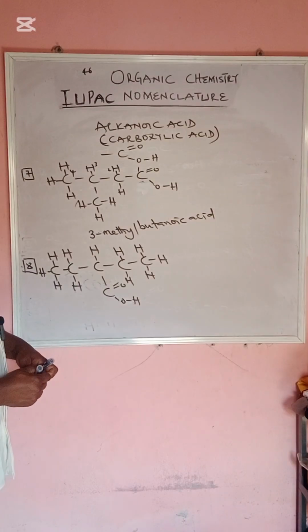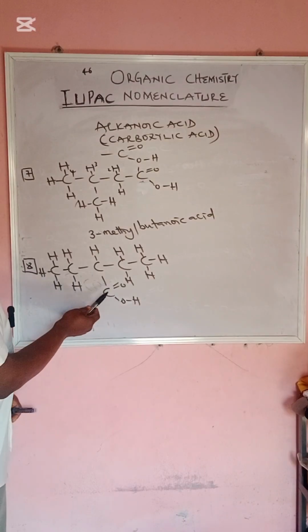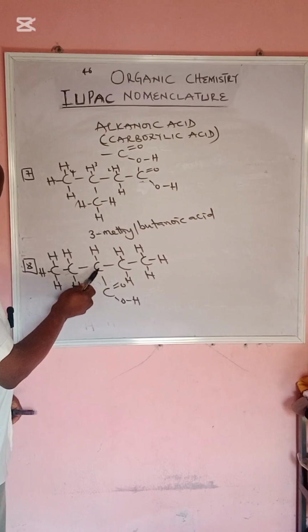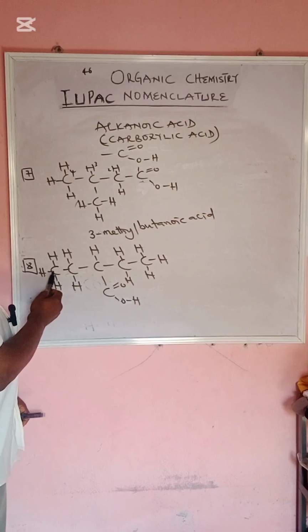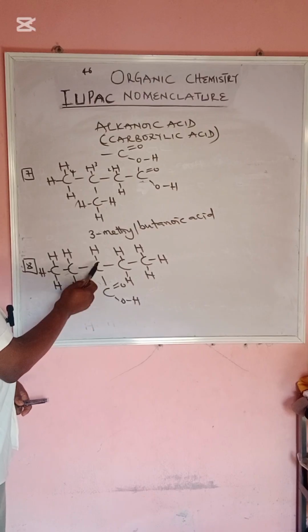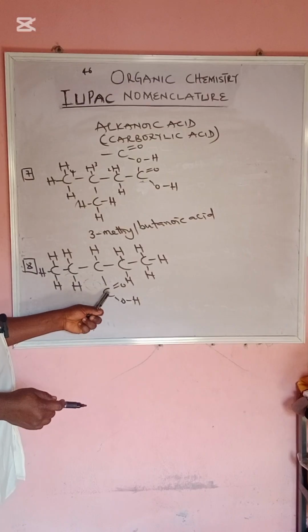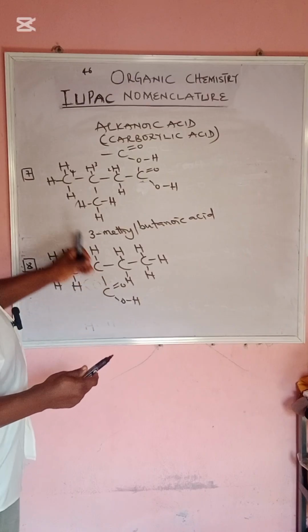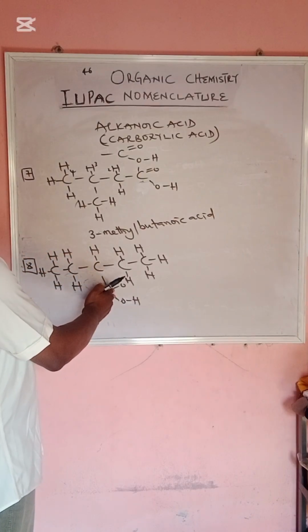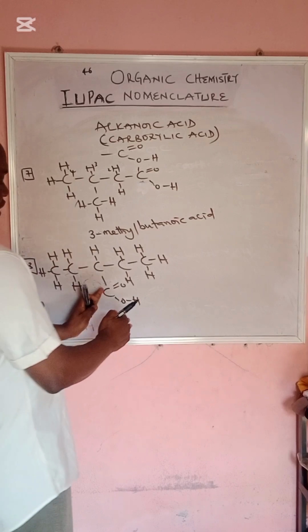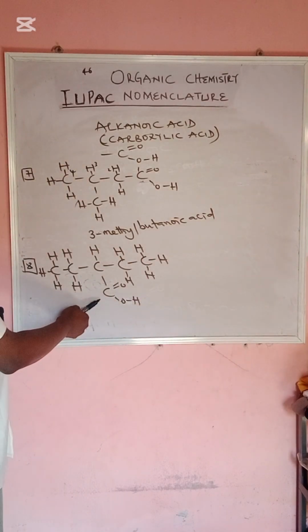Be careful here. Count from here to here: 1, 2, 3, 4. The longest chain is 1, 2, 3, 4. Either you come from right to left or from left to right, always start from the oic.